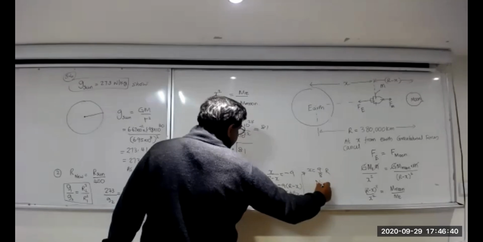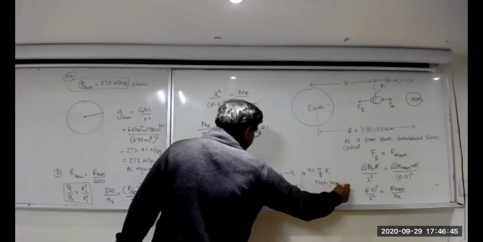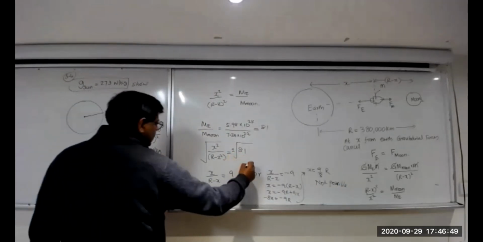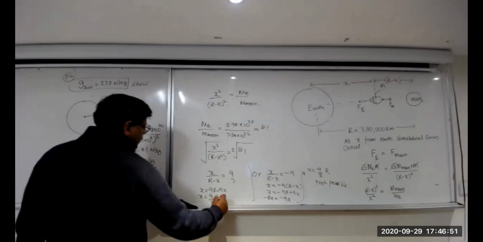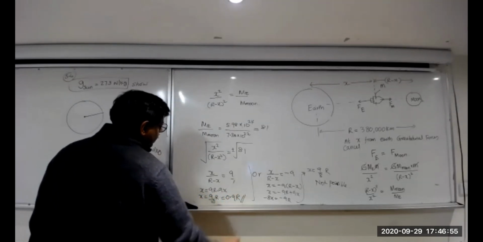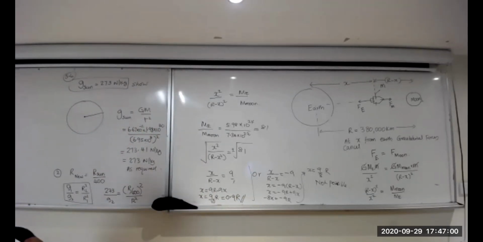This is not possible, so we can ignore that answer. Just focus on that. That's going to be 0.9 times the original value, so that's pretty close to the Moon.